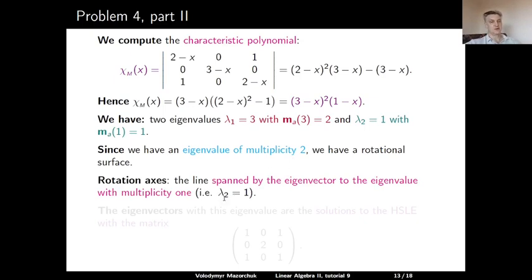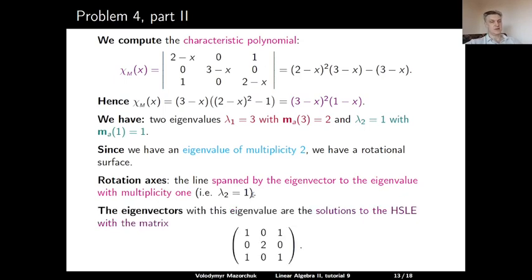This is lambda 2 is equal to 1. The eigenvectors for this eigenvalue are the solutions to the homogeneous system of linear equations, whose matrix is obtained from our matrix by subtracting 1 on the main diagonal. So we get 1, 0, 1, 0, 2, 0, 1, 0, 1.